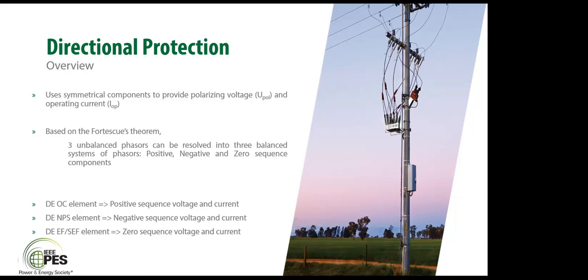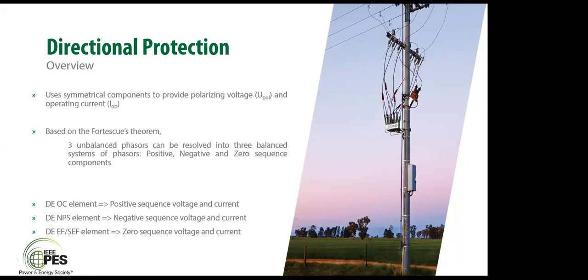From the line, we sense the system voltage and system current, and then we have to calculate the positive, negative, and zero sequence components of the system voltage and system current.